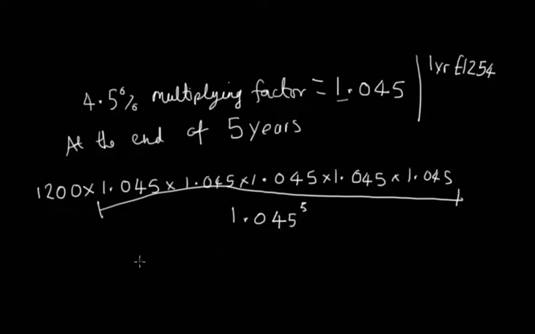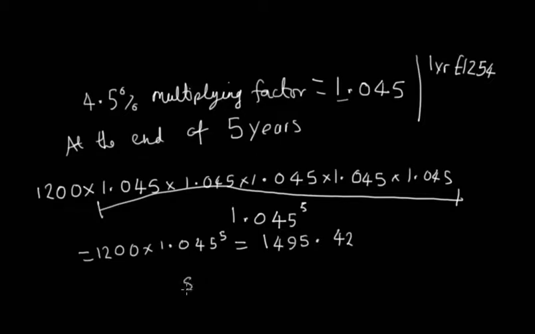We're going to be looking more at indices in the next chapter, so that now becomes 1,200 times 1.045 to the power of 5. Slotting that into our calculator, we get £1,495.42.